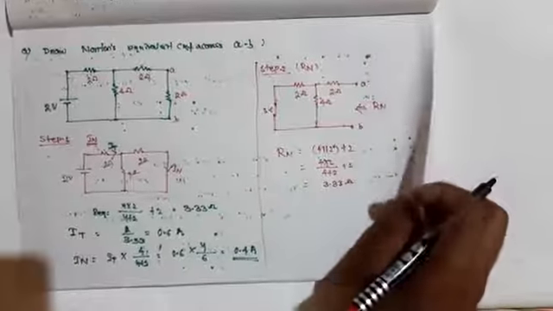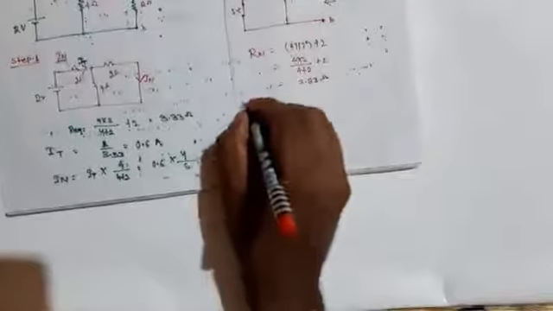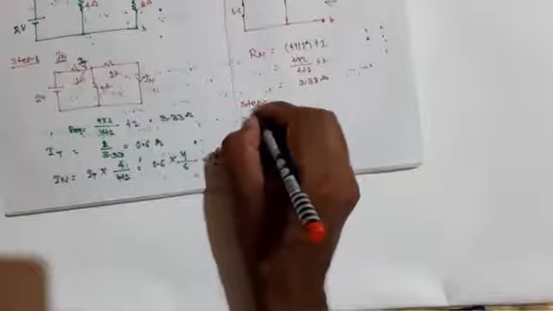Then our last step, step 3, is to draw the Norton equivalent circuit.